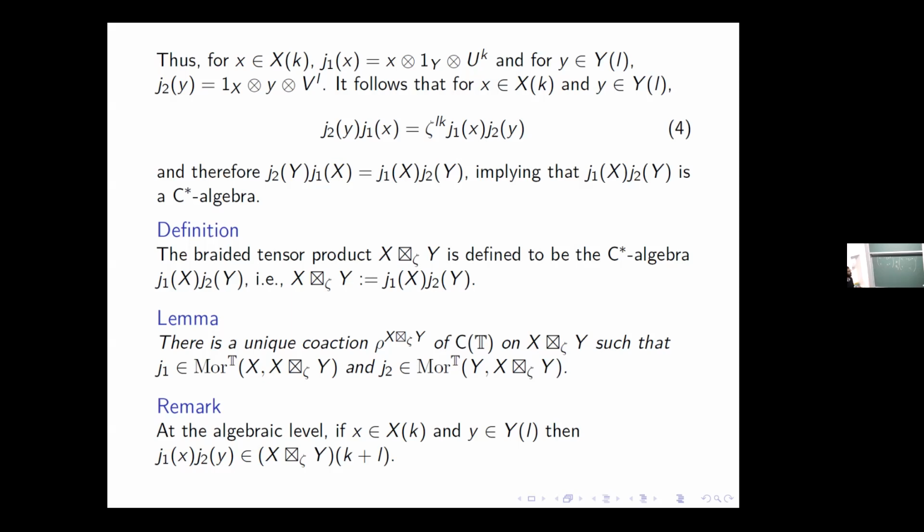So there is this unique coaction of the complex quantum group C of T on the braided tensor product X times Y, such that the morphism J1 that I defined in the previous slide becomes T equivariant, and the morphism J2 from Y also becomes T equivariant.